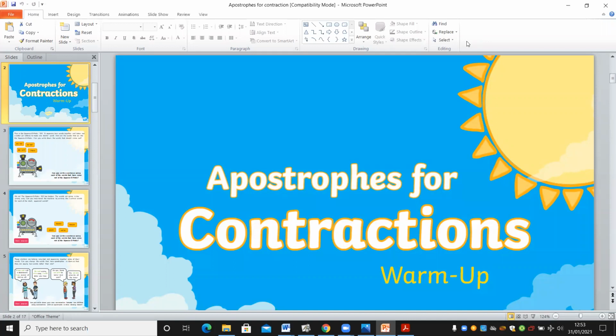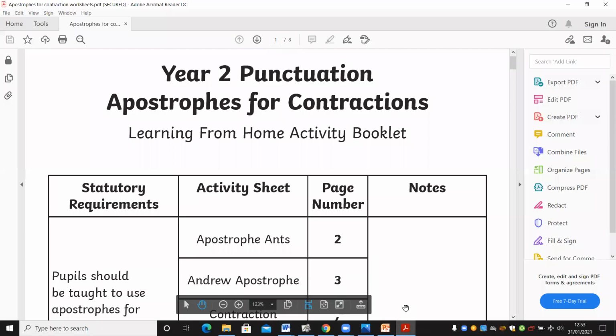Children, I'm going to attach to the Tapestry post a link to this PowerPoint. And inside this PowerPoint, you have loads of activities which help you to practice the use of apostrophe for contractions. So at home, have a go at as many activities as you like, which should all help you to learn and remember this concept. You're also going to have access to this home activity booklet.